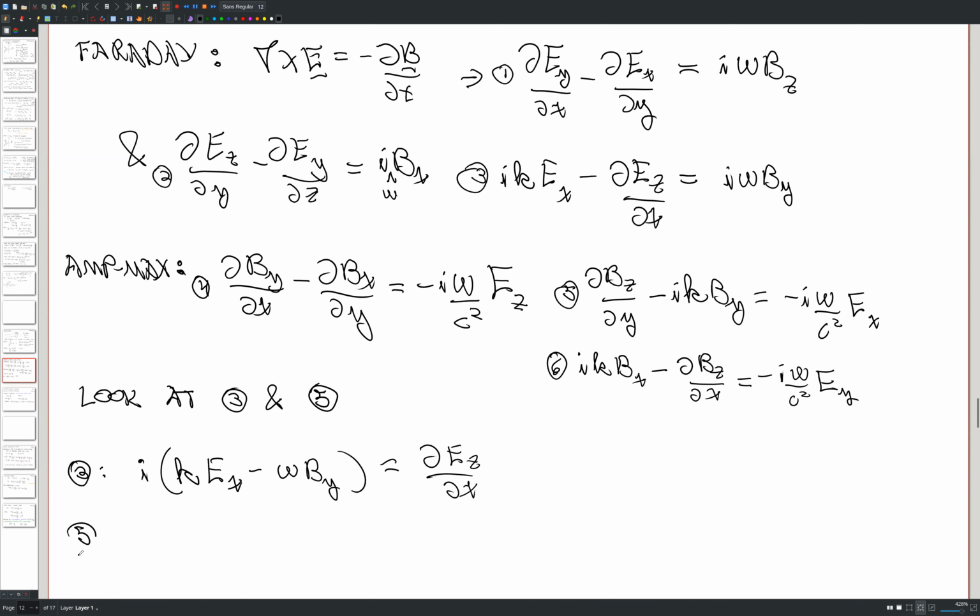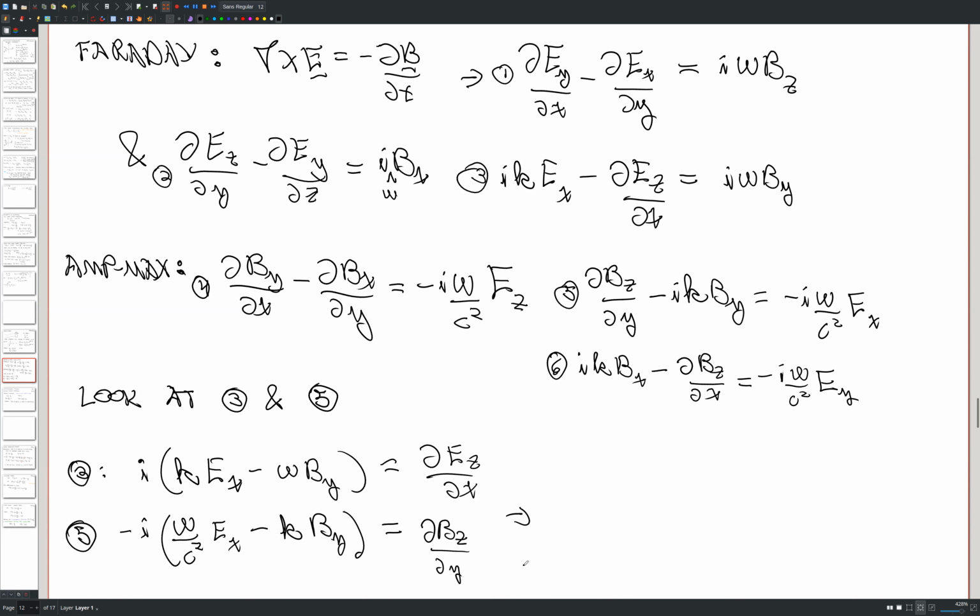Equation 5 I can rewrite as I times omega over c squared EX, and then minus K BY, and maybe I'll put a minus sign here for fun, so this is going to be equal to dBz dy.